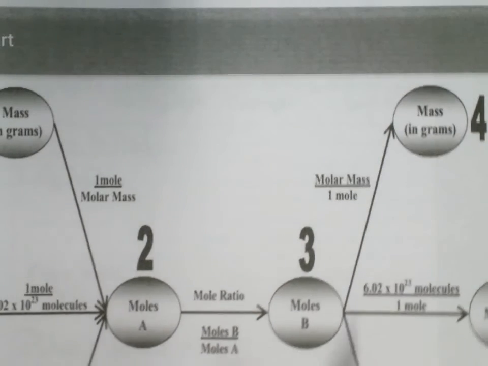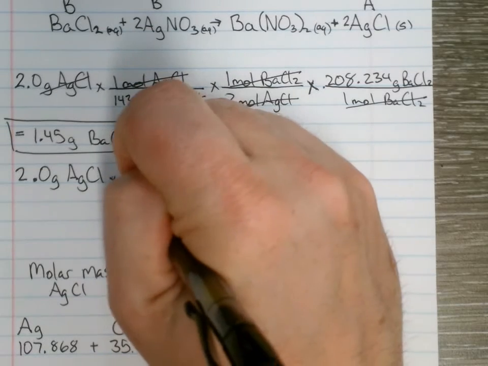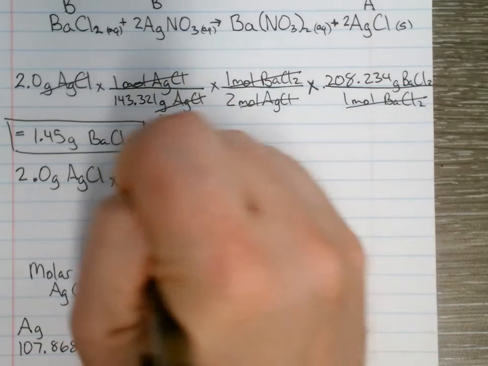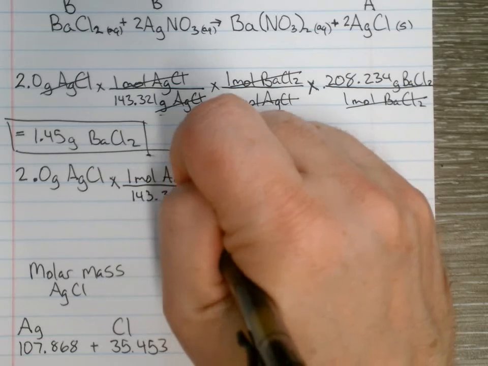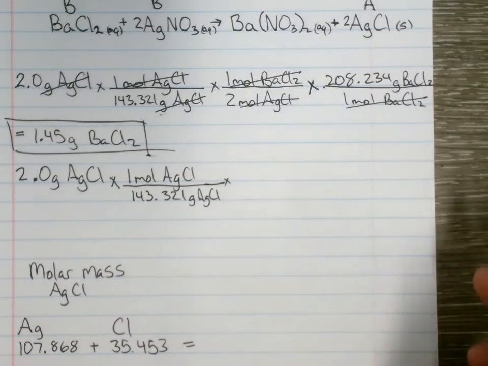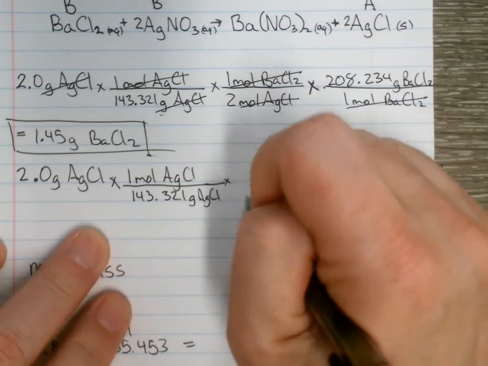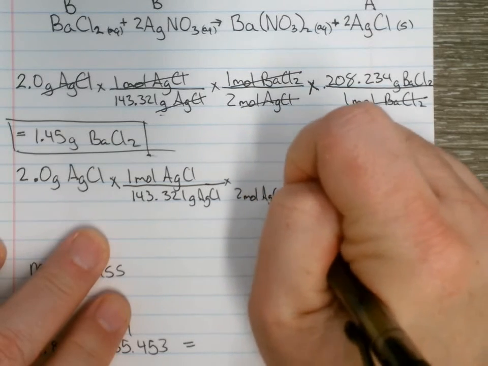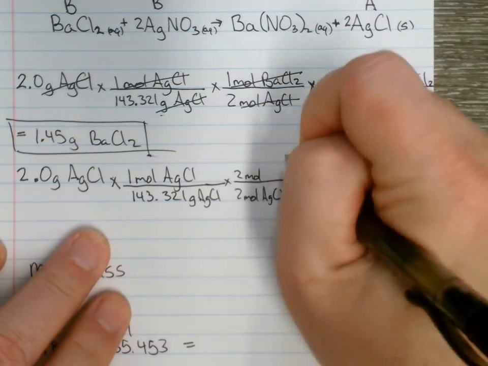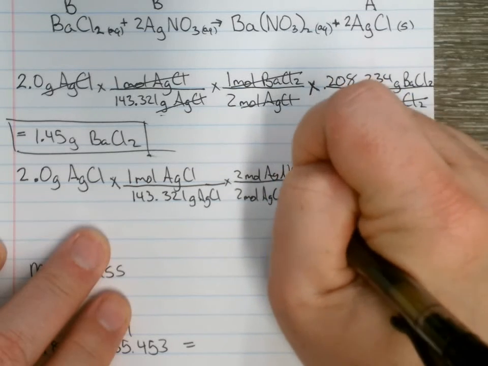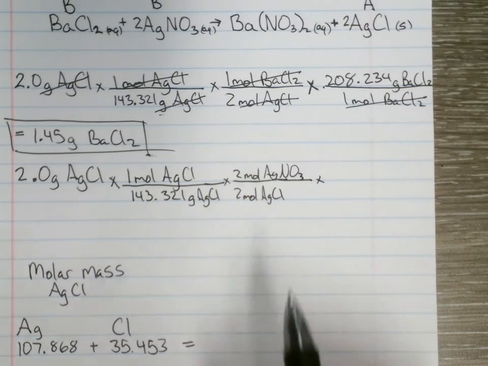The first conversion factor doesn't change because silver chloride is still substance A. Our mole-to-mole ratio will be different. You still have 2 moles of silver chloride. How many moles of silver nitrate do we have? 2. And then the last step, we need to get the molar mass of B.